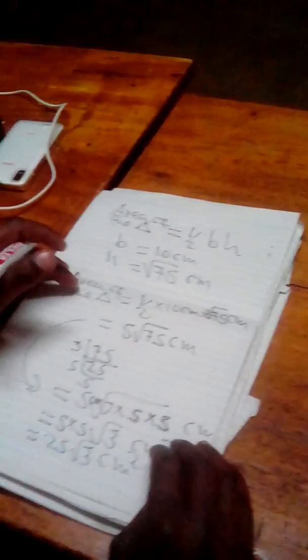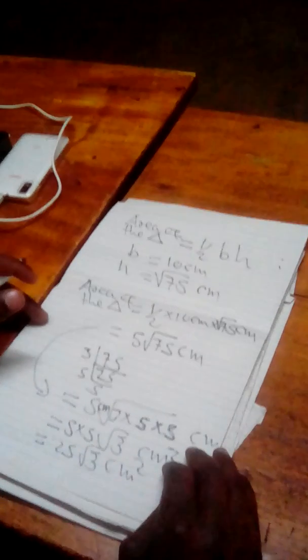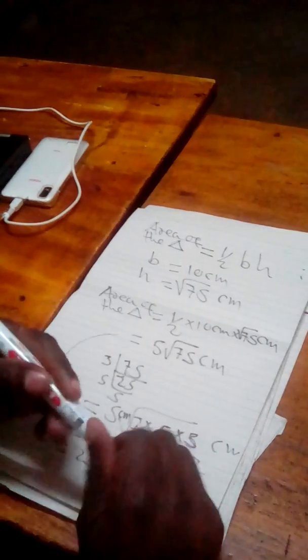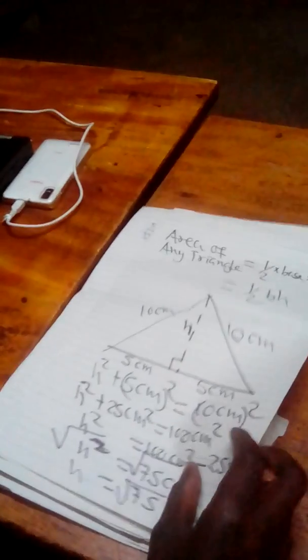The key, or the very important concept that you learned here is the application of the Pythagoras Theorem to solve problems related to figures in 2D shapes. But also you learned about construction.